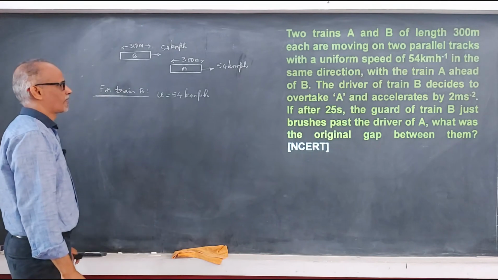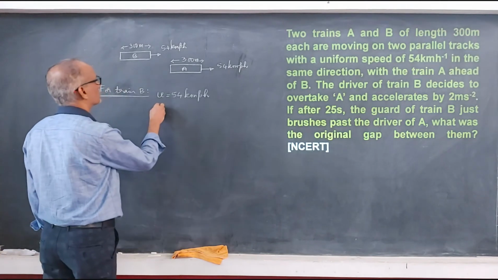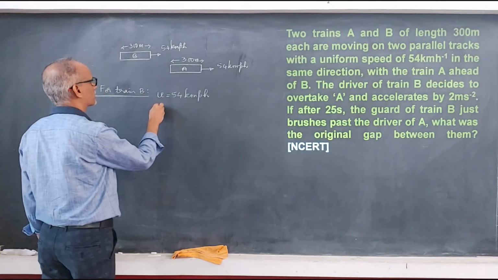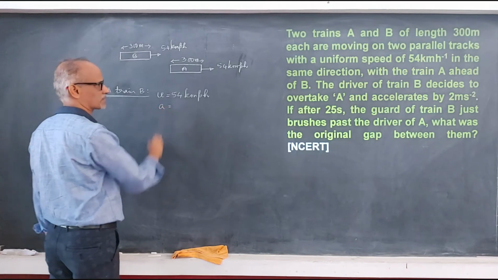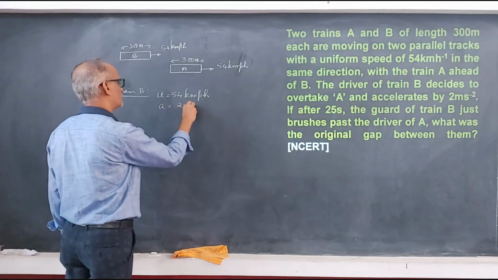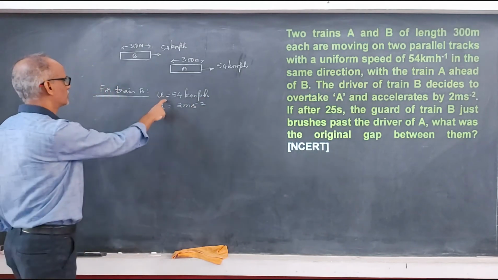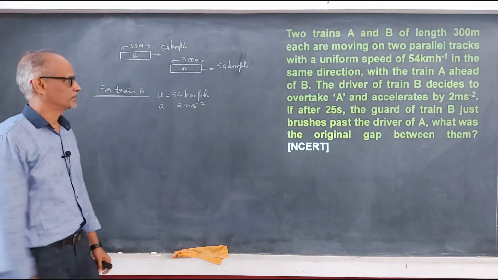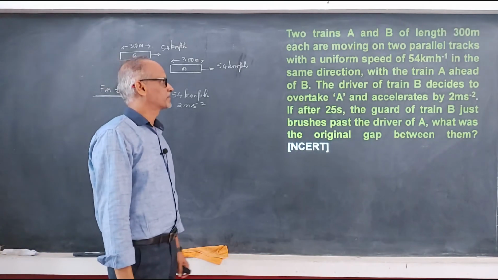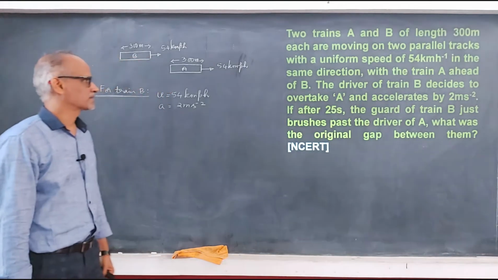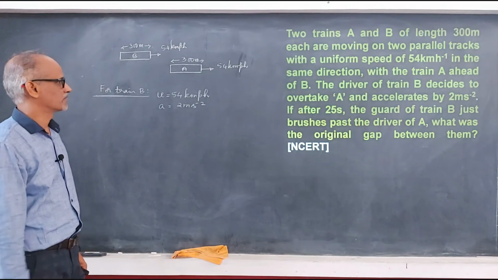Its acceleration is given, which is 2 meter per second square. That is the initial velocity and the acceleration. The driver of train B decides to overtake A and accelerates by 2 meter per second square. This much is given.